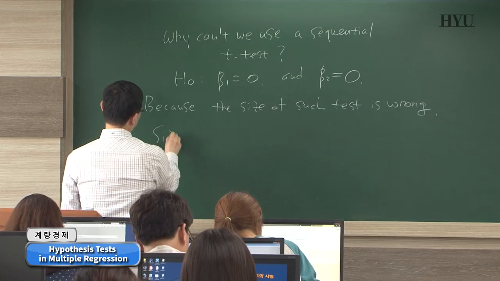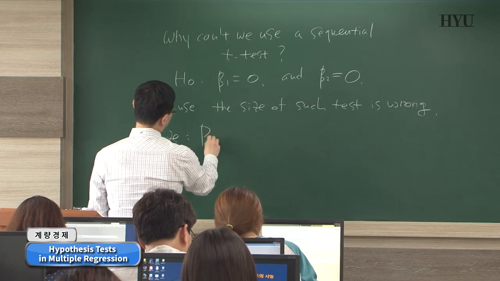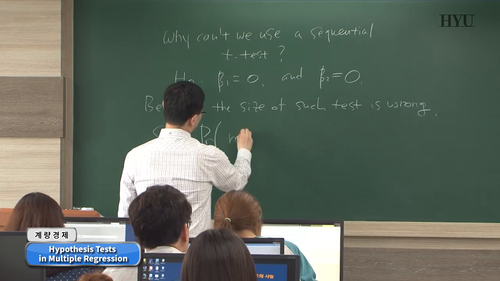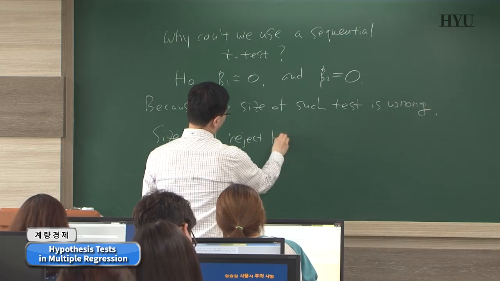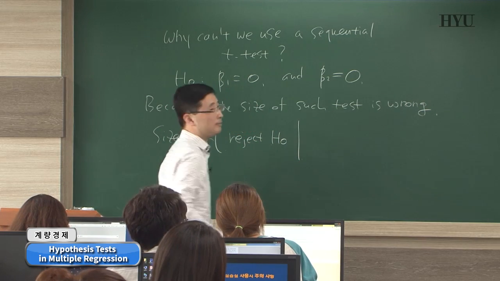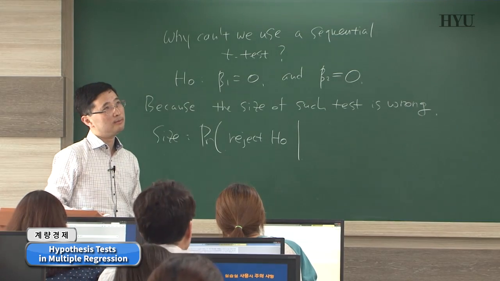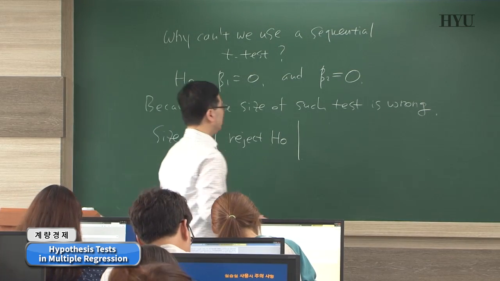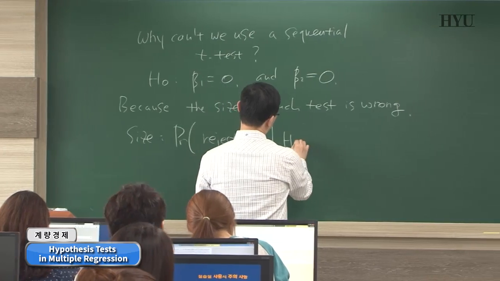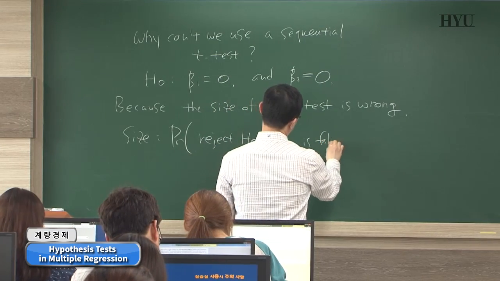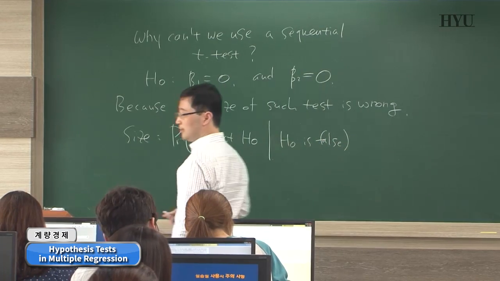Let me remind you, the size is the probability of rejecting a null hypothesis if, what is the size? If the null is false. Is it correct?